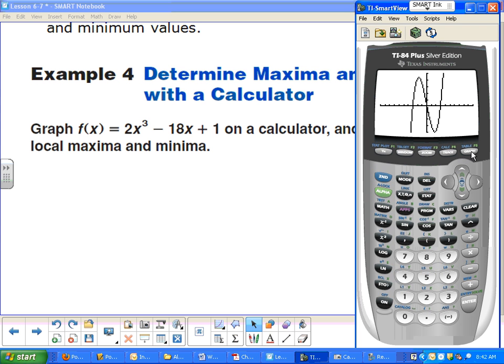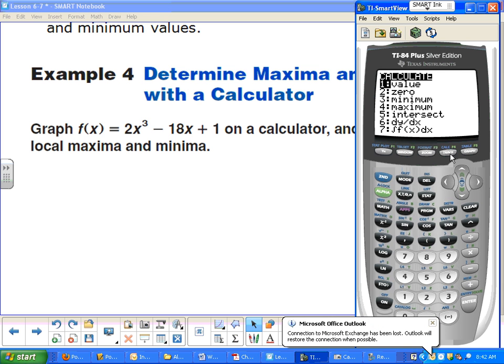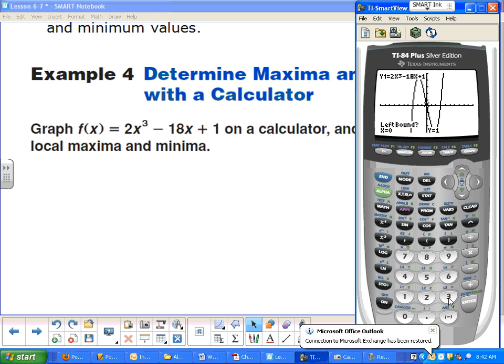And then we're just going to use that calculation feature, by going to second trace and number 3. We'll do our minimum first in this case. The minimum is down here on the right, in the fourth quadrant, between these two zeros I can see. So I can use those two zeros, or anything close to that, as my numbers.